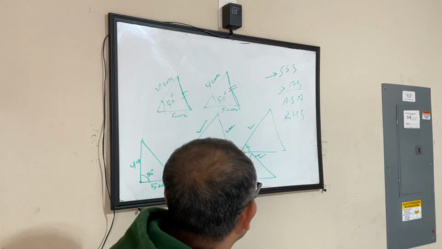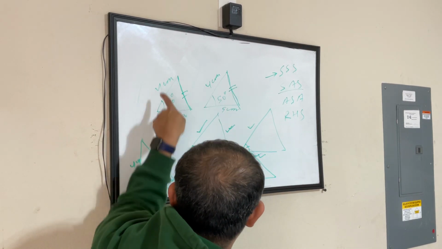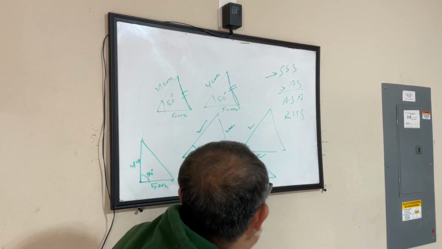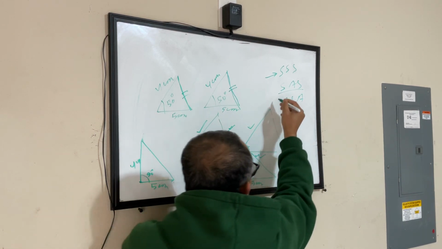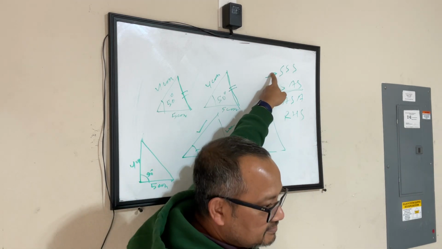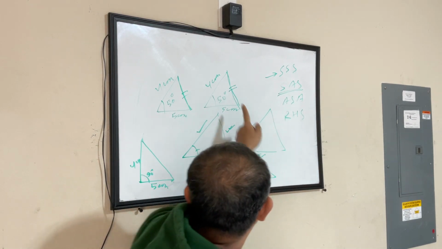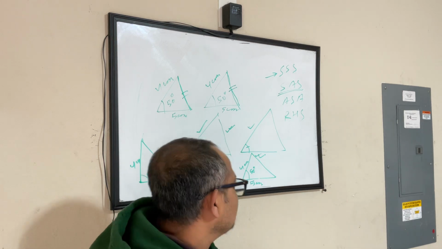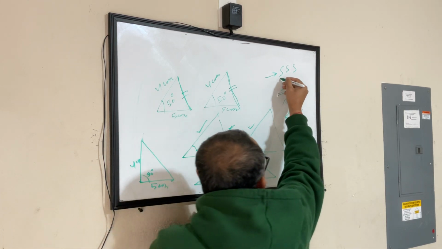No choice. That means it became an SSS scenario. So SAS is matching with this scenario already. That if my two sides and angle are matching, my third side has to match. There is no choice. That means it is the same as this one.